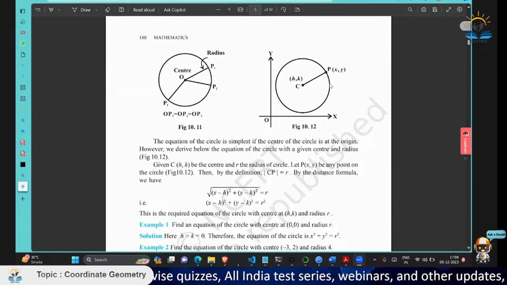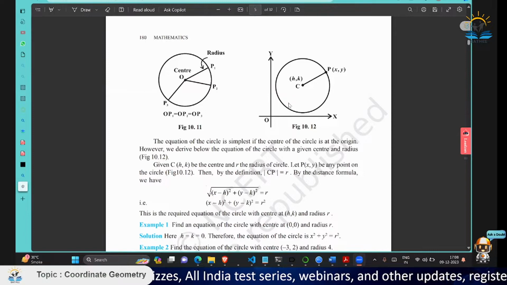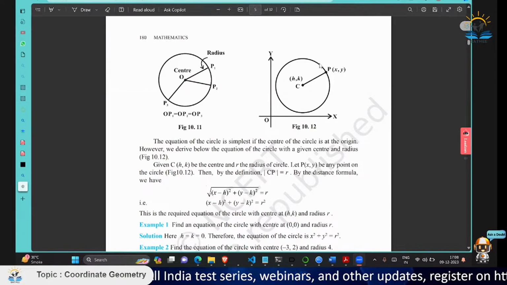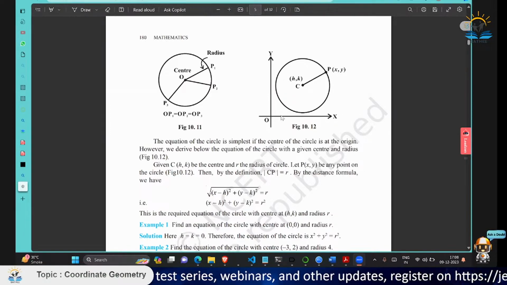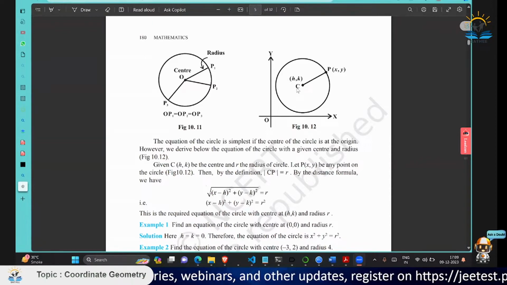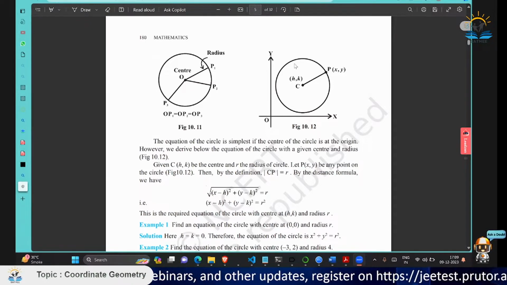It's basically using the definition of the circle, that all the points on the circle are equidistant from the center, right?